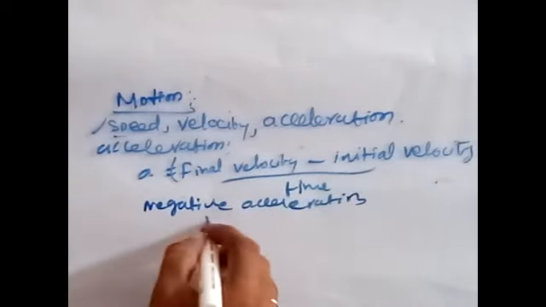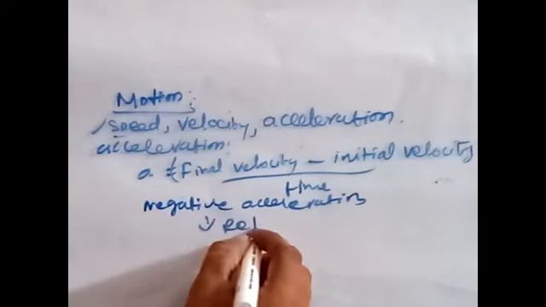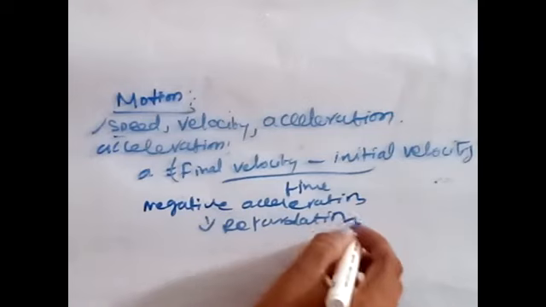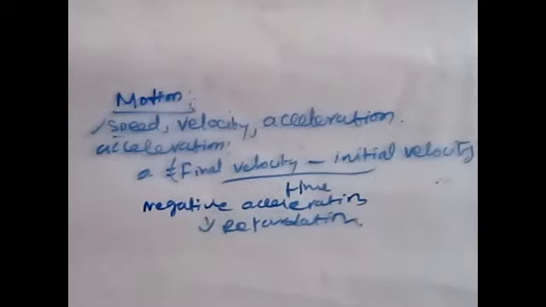Negative acceleration is also called retardation. If the acceleration value is minus 2 m s^-2, we say that the deceleration is 2 m s^-2.